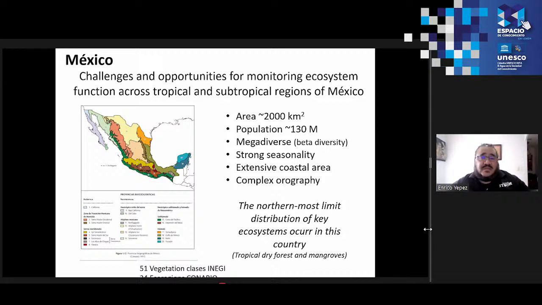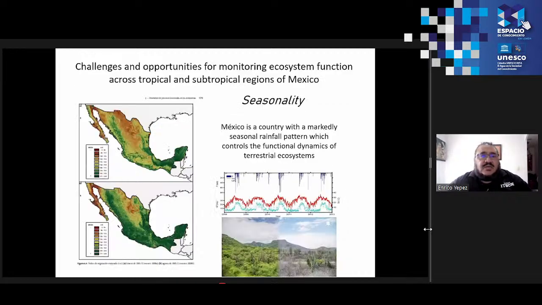We have the northernmost limits of very important ecosystems like the tropical dry forest or the mangroves, which also brings an interesting setting for studying these types of ecosystems, because we can study them at their extremes in temperature and water limitations, perhaps. So this brings us an opportunity to engage in ecosystem science in Mexico.